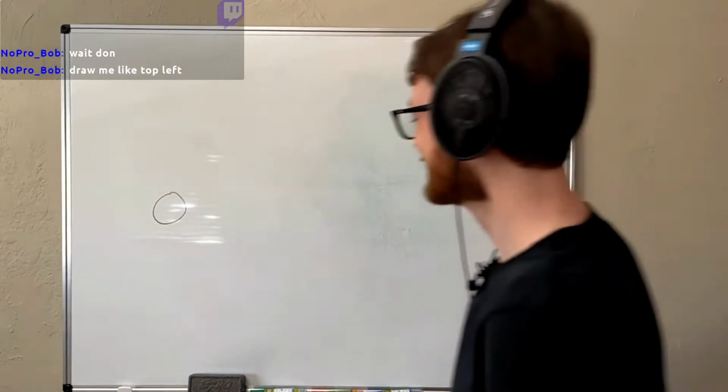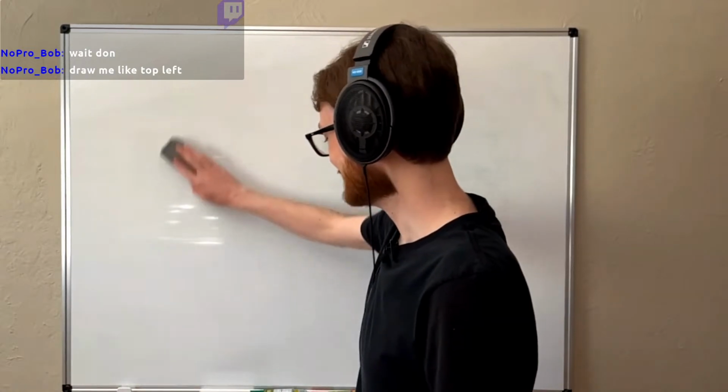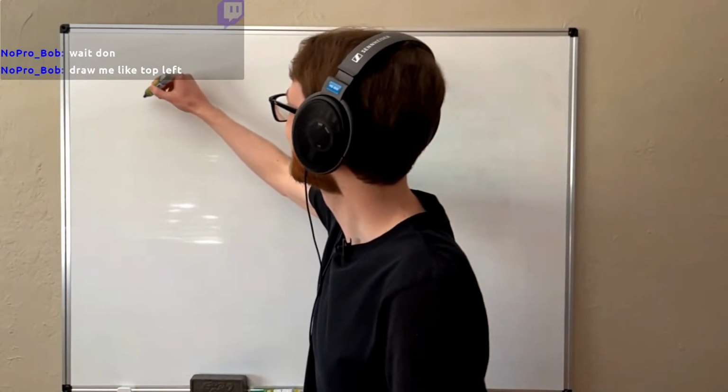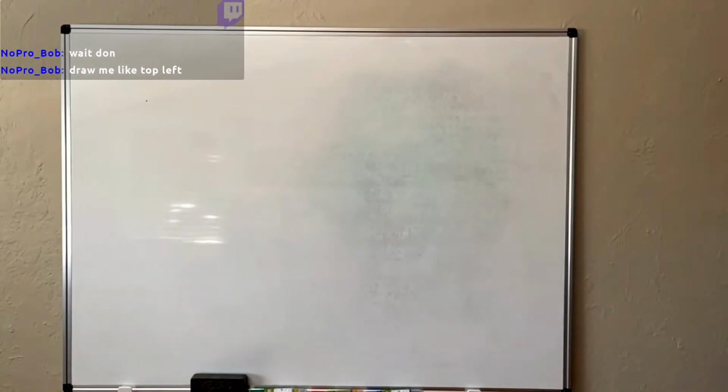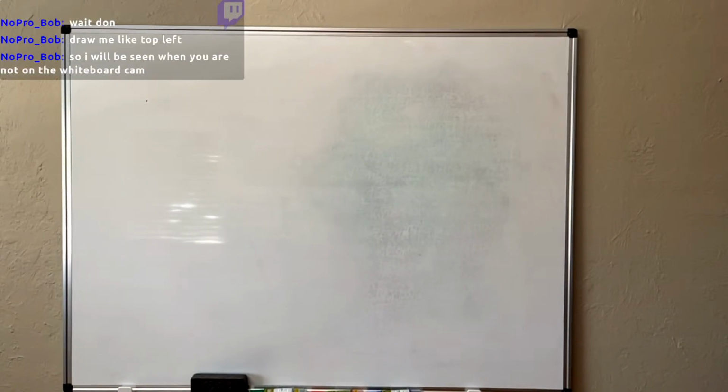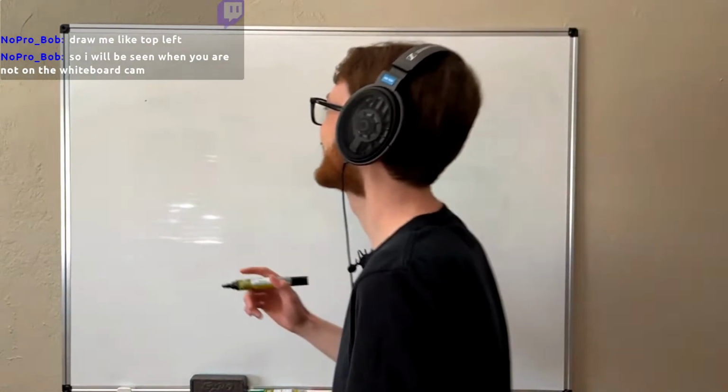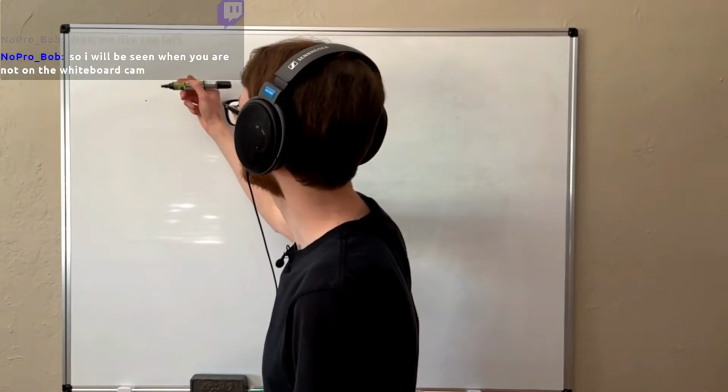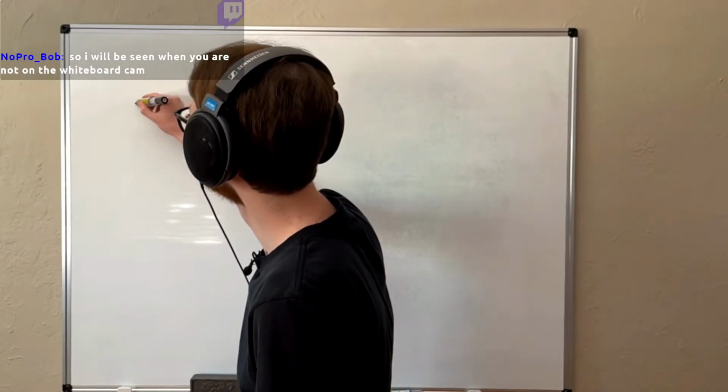Draw you top left, where the Twitch chat is. Or below it. Okay, is that where the Twitch chat is? That's just below it. Okay. Oh, good. You don't want to be covered up, Bob. All right. I'll start you from here then.